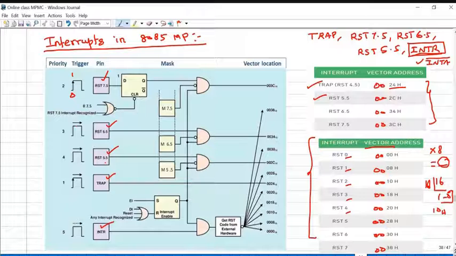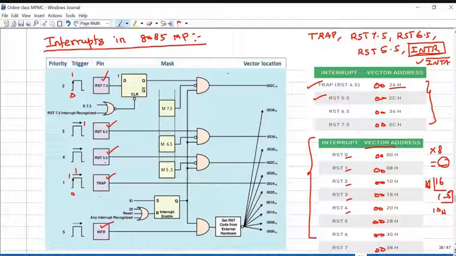During logic high on the corresponding pin, RST 6.5 is activated. RST 5.5 is also level triggered. Trap is both level triggered as well as edge triggered. Whenever a 0 to 1 transition occurs, or during the logic high state, trap is activated. And INTR is level triggered.